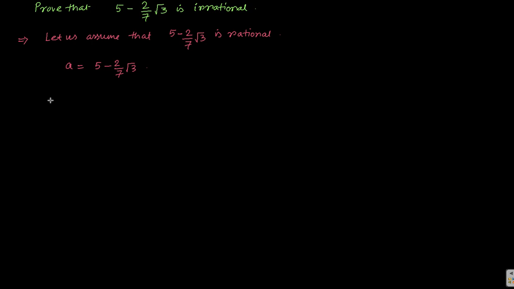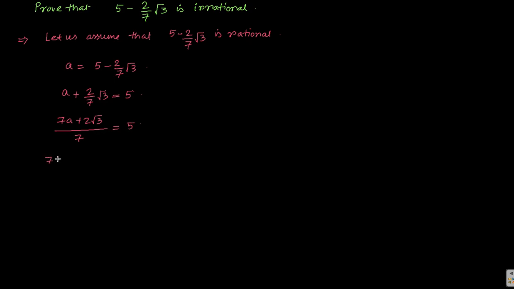Now make this in the left side: a plus 2 by 7 root 3 equals 5. Now add it: 7a plus 2 root 3 by 7 is equal to 5.